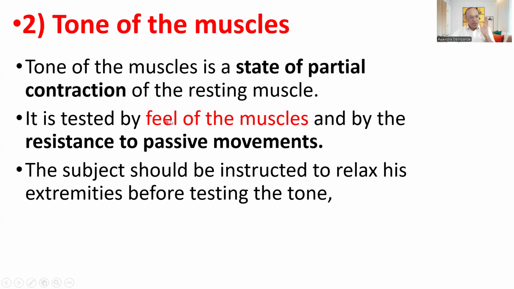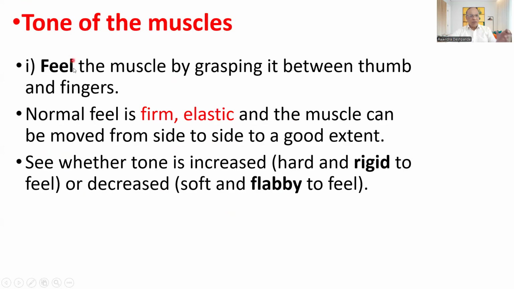How is it tested? Number one, feel, that is palpation. Also, resistance to the passive movements. The subject, meaning volunteer or the patient, should be instructed to relax his extremities before testing the tone of the muscle. Now, first, feel the muscle by grasping it between the thumb and fingers.